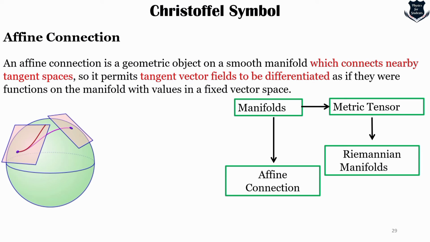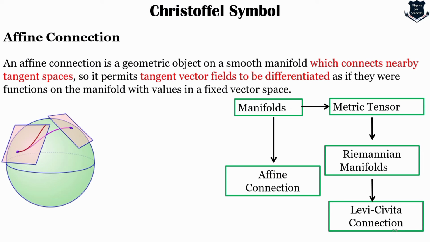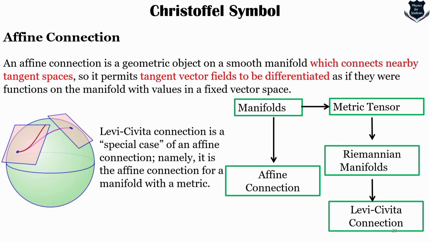Now, these Riemannian manifolds also have an affine connection, and this affine connection is called the Levi-Civita connection, right? It's named after Tullio Levi-Civita. So the Levi-Civita connection, I can tell, is a very special case of an affine connection, obviously. It is the affine connection for a manifold with a metric, right?